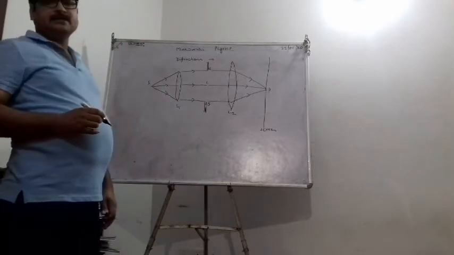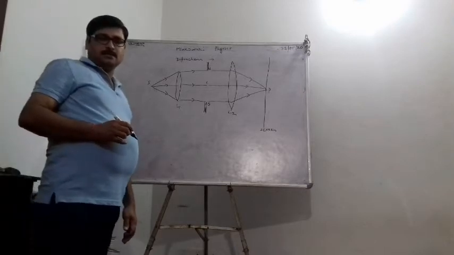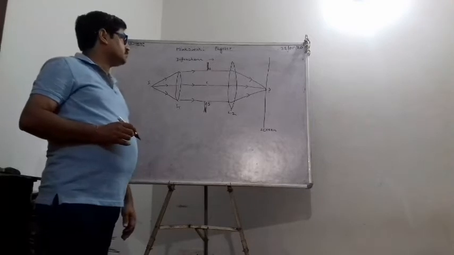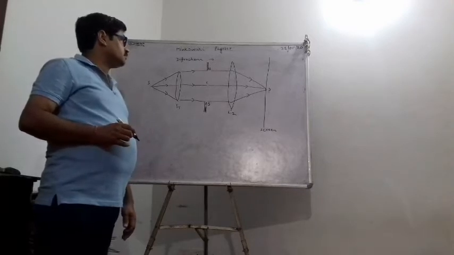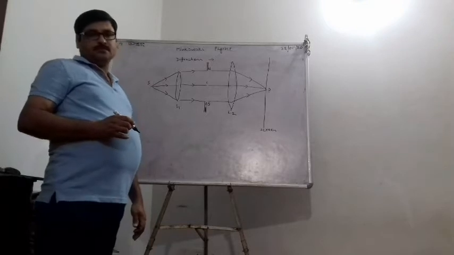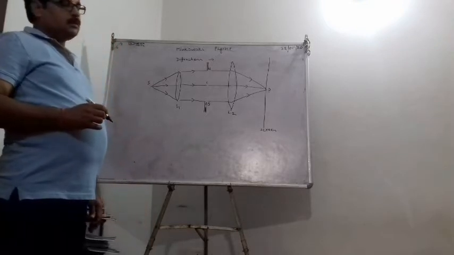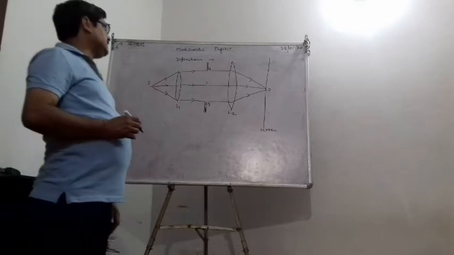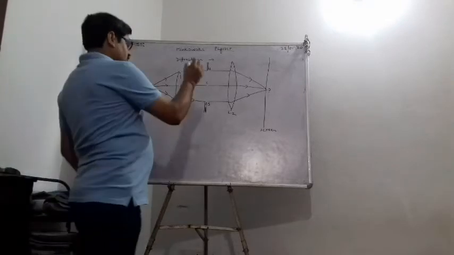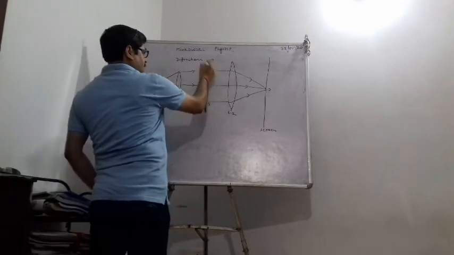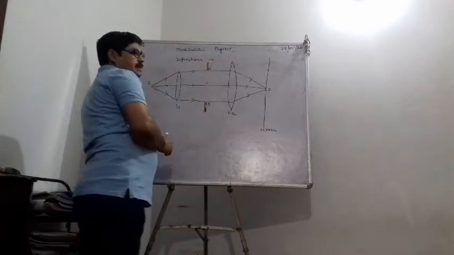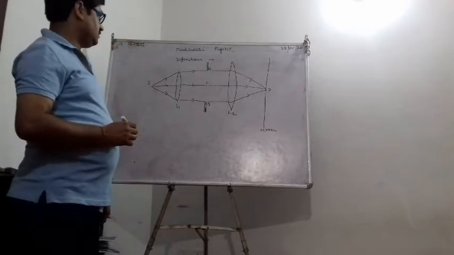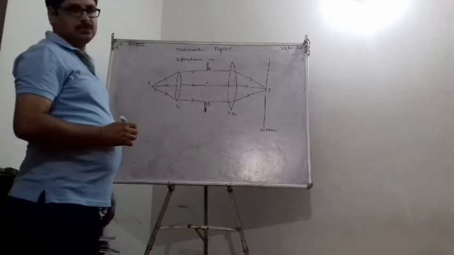So diffraction phenomena is the bending of light. The light bends due to the secondary light source. Here the edges, points A and B of the single slit, behave as the secondary light source.